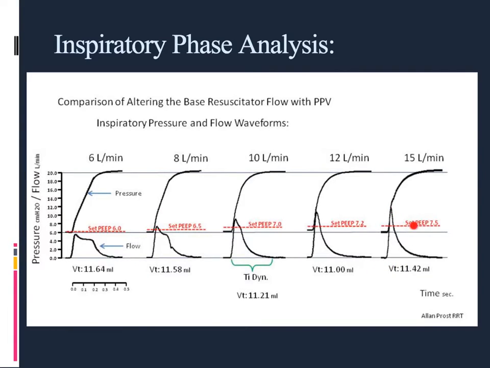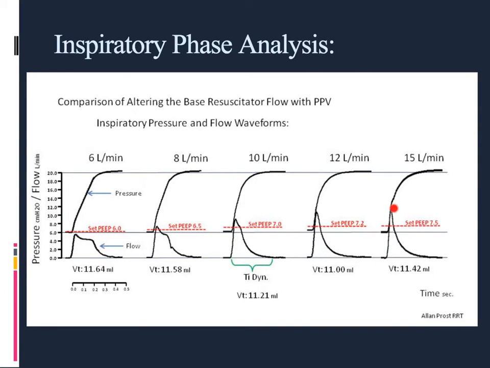What this tells me is that now our driving inspiratory flow to the patient is a result of that pressure gradient and overcoming resistance, and not a limiting factor of the flow being utilized through the circuit of the ventilator.